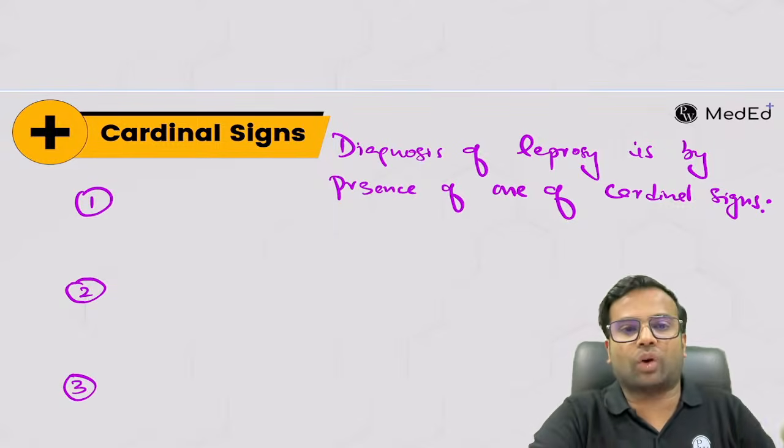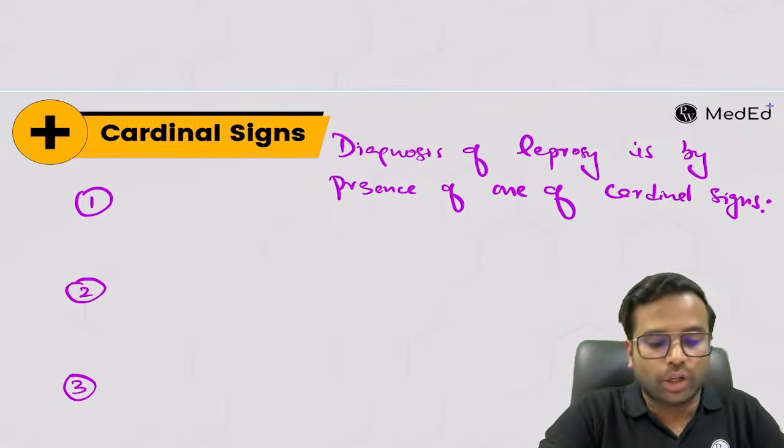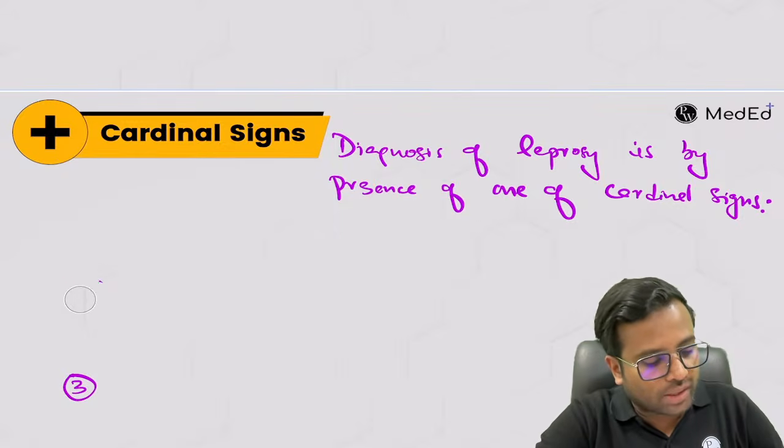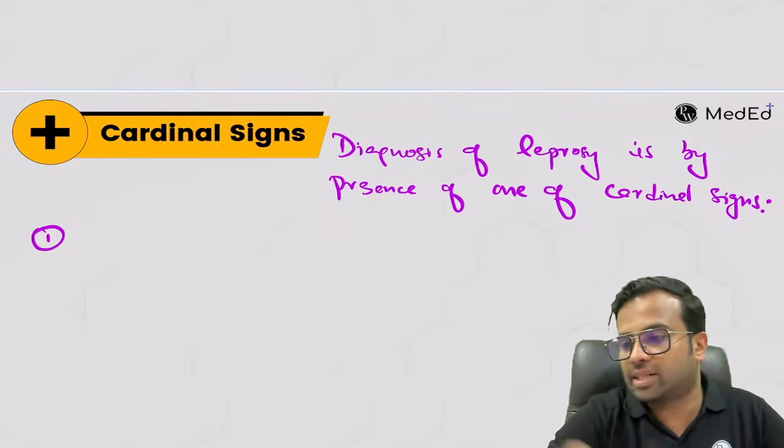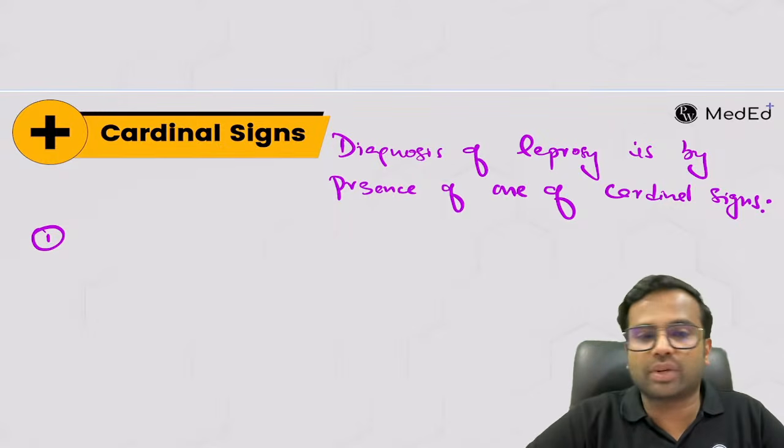Any one of these signs is important to reach a diagnosis of leprosy. So let us write down what is the first cardinal sign. Does anybody know what is the first cardinal sign?